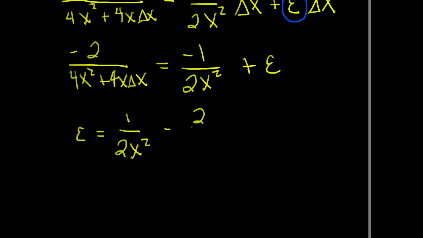minus 2. Actually, I'm going to do something real quick. I should have simplified this here, right? I've got the 2 there and 2 there, so I'm going to cancel those 2 out. So minus 1 over 2x squared plus 2x delta x. And we could leave it like that, though it's hard to see.